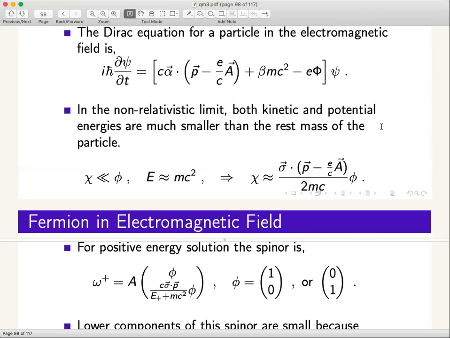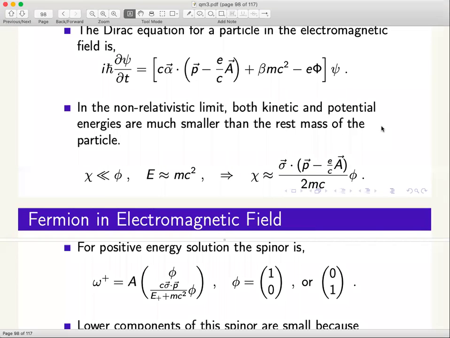As I had said earlier, you get a 4-component problem in the Dirac equation simply because you are converting the second derivative equation with respect to space in the Schrodinger problem to a first derivative equation when you write down the Dirac equation.